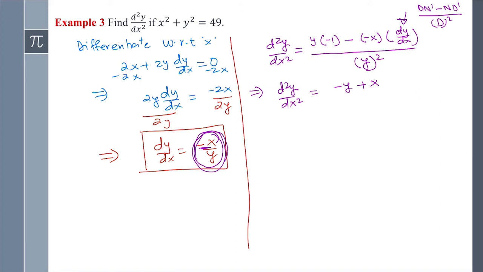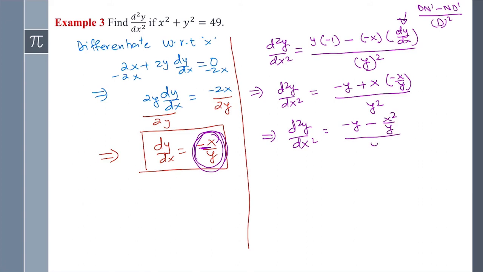Instead of writing dy/dx, we are going to write negative x over y, everything divided by y squared. Now we have d2y/dx2 equals negative y minus x squared over y, divided by y squared. Now we have this fraction in the numerator.